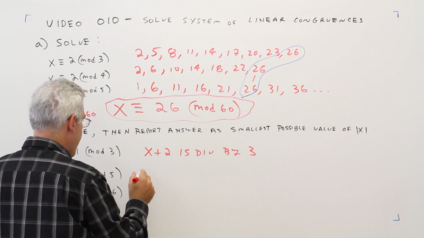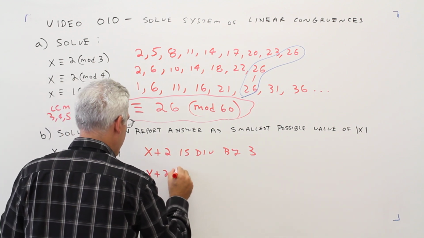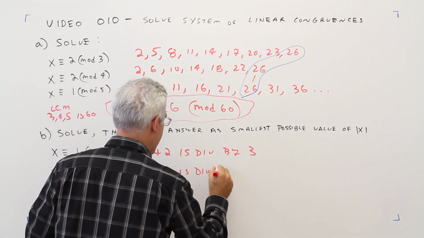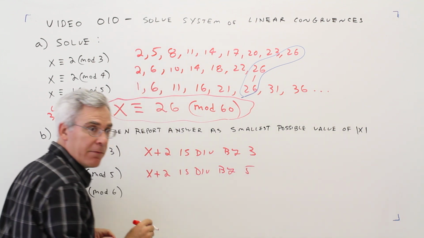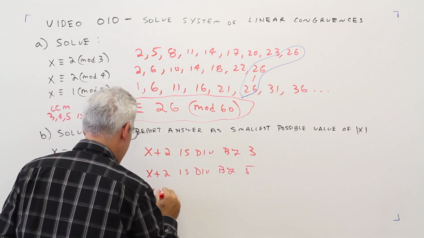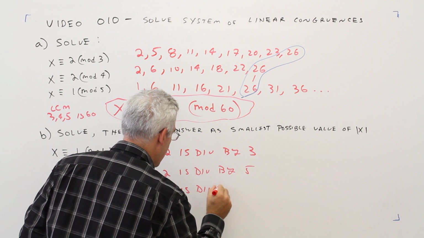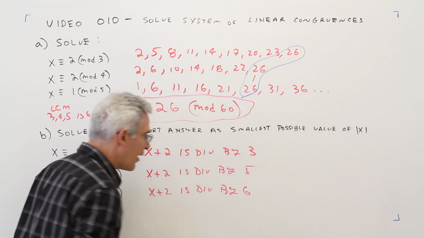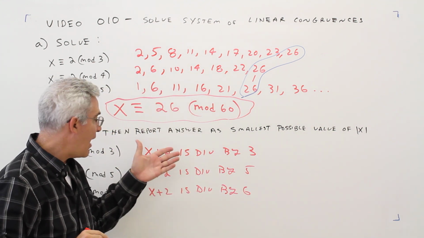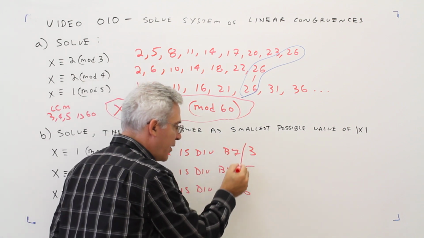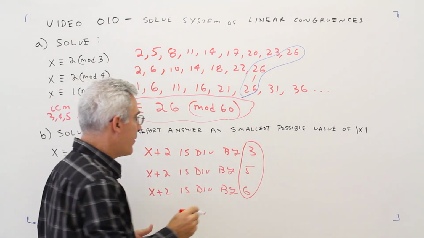Sorry about that. This means x plus 2 is divisible by 5. And this means x plus 2 is divisible by 6, which means x plus 2 must be divisible by that LCM.